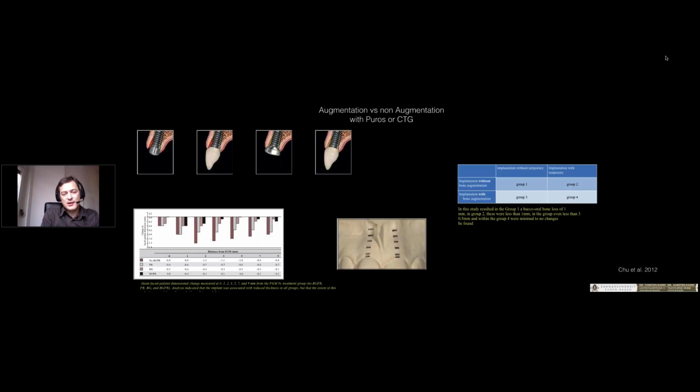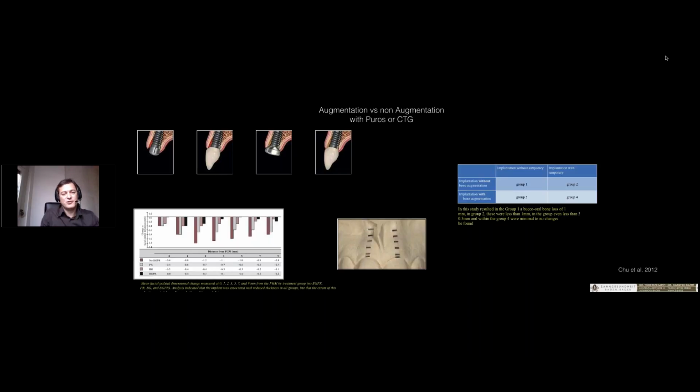And that is totally different from using a material like Bio-Oss, because Bio-Oss you can also put inside the hard tissue. And this is the reason the human bone, like Puros or from Botiss, reacts totally different from a material like Bio-Oss.